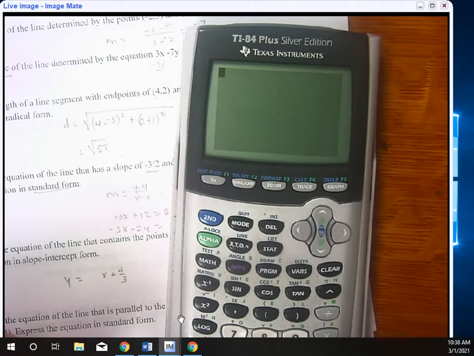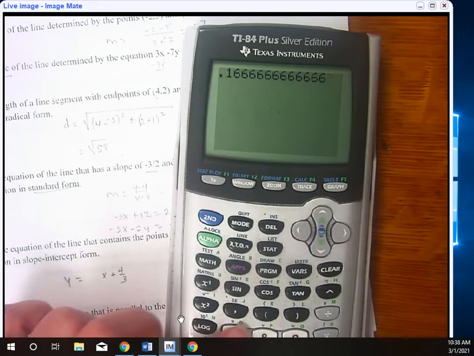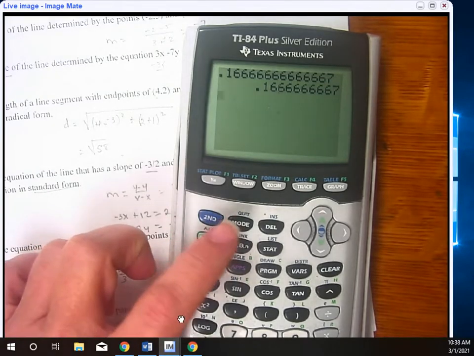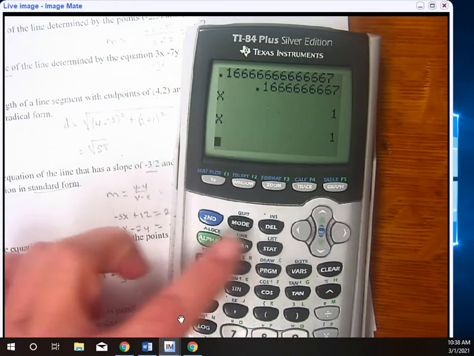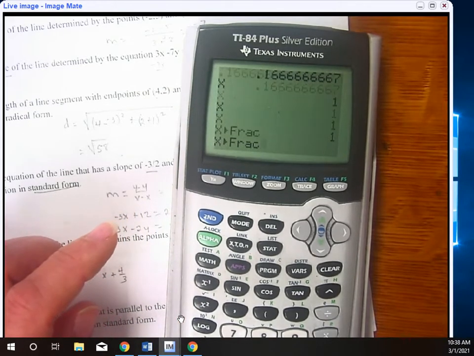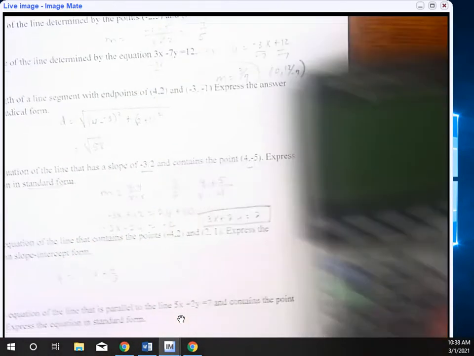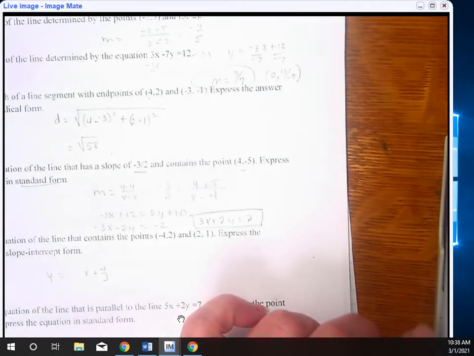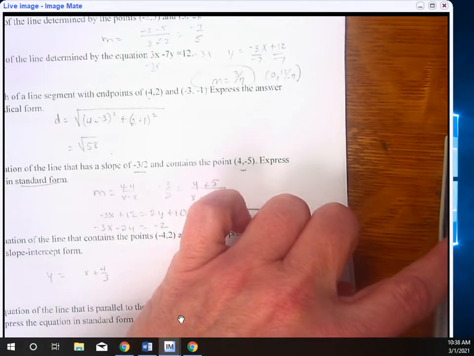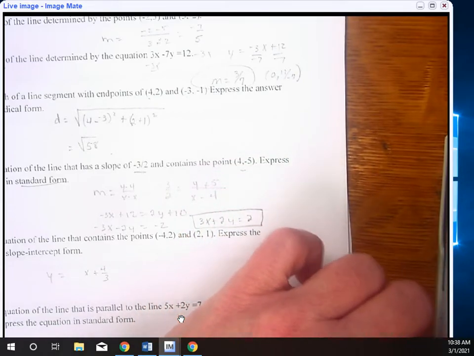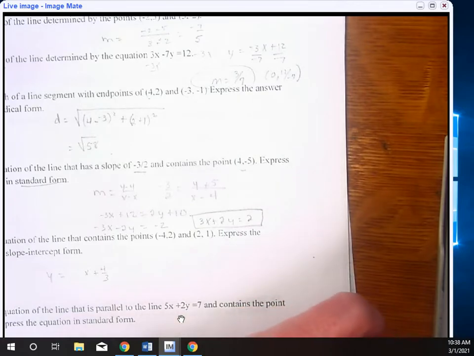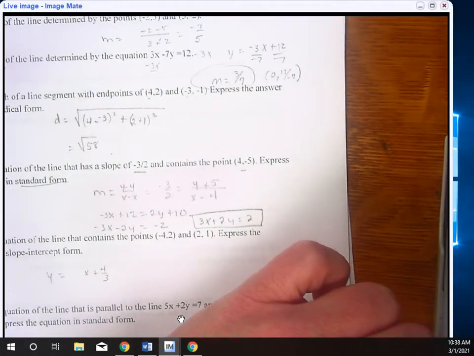Negative 0.16 repeating, math, fraction, integer.